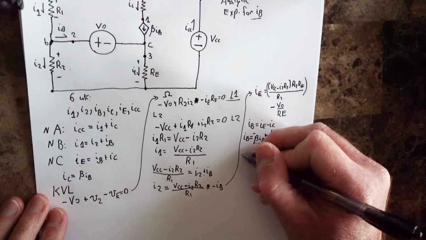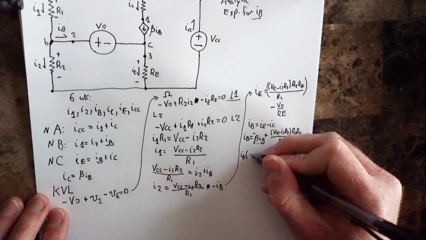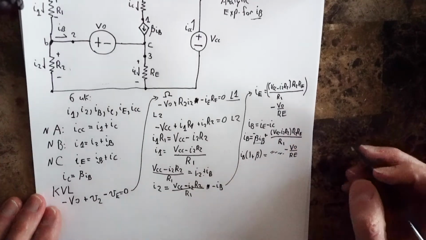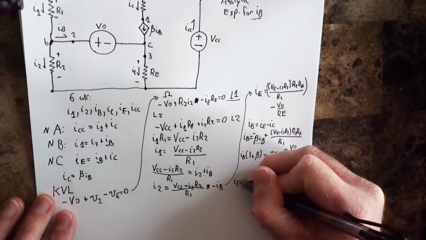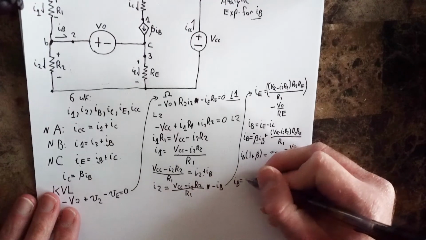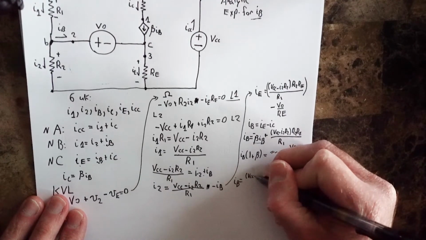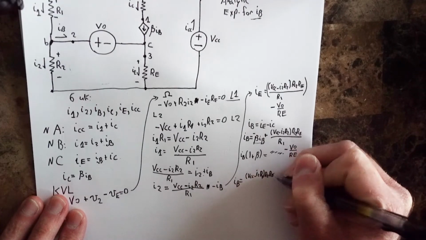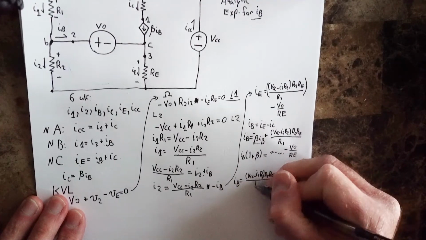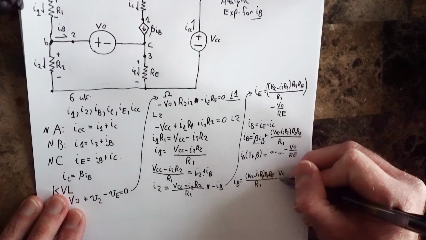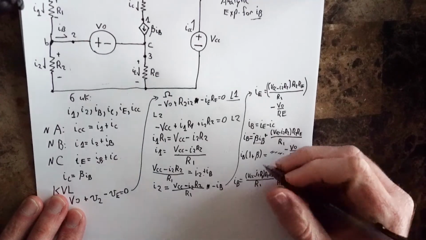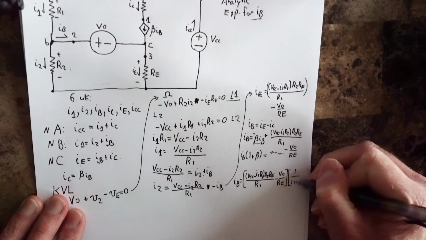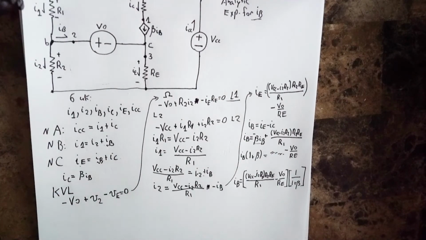So if we pull that over to the other side, then we'll have IB times 1 plus beta is equal to all this mess, meaning that finally IB is equal to VCC minus I2 R2 times R2 RE, all of that over R1 minus V0 RE, and then all of this multiplied by 1 over 1 plus beta. Oh boy, okay, we got it, but it took us a while.